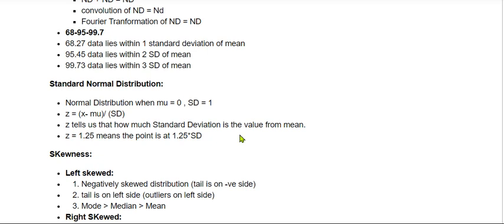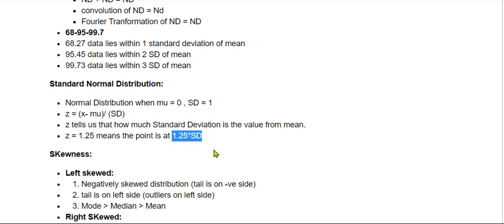So the z value tells how many standard deviations the value is from the mean. Suppose we have a z value of 1.25, it means the point is at 1.25 multiplied by the standard deviation.